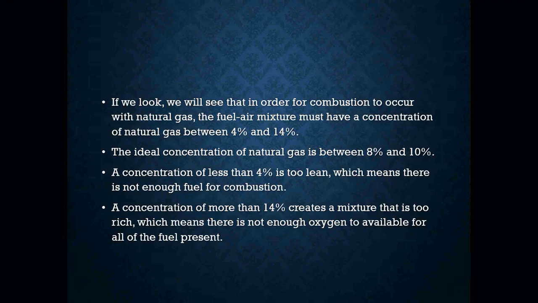A concentration of less than 4%, the gas is going to burn too lean, which means there's not enough fuel for combustion. A concentration of more than 14% creates a mixture that is too rich, which means there is not enough oxygen available for all the fuel that is present to burn.